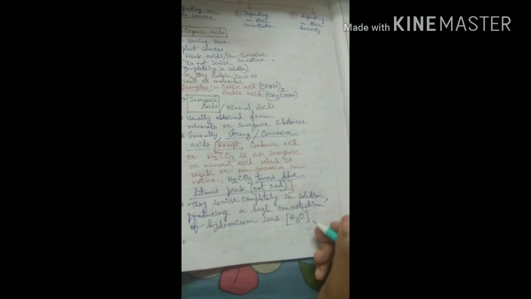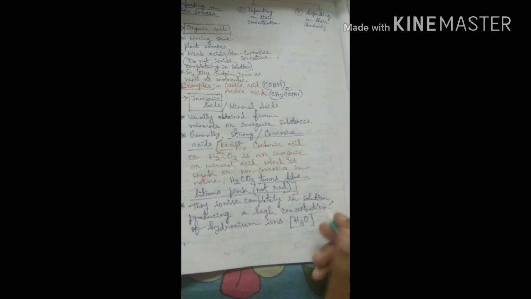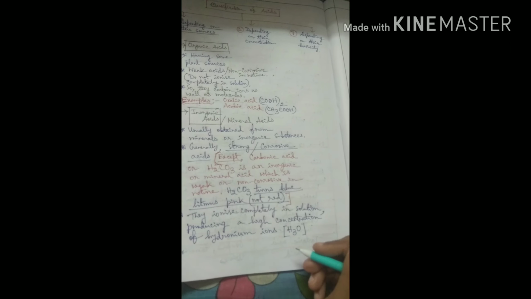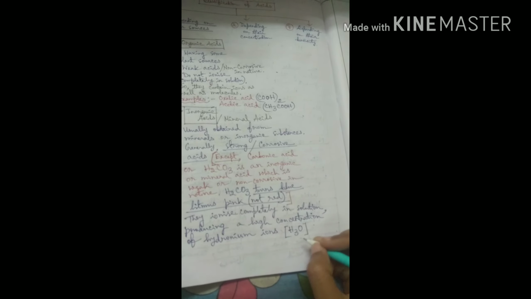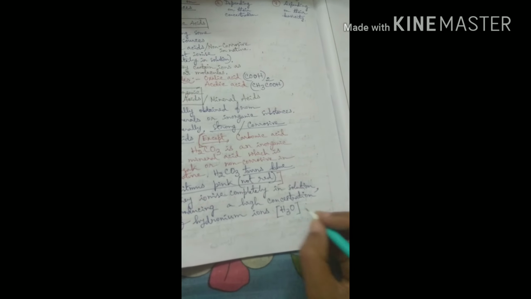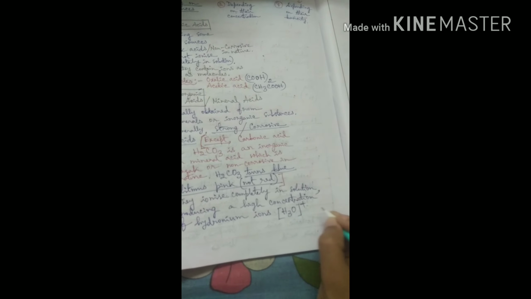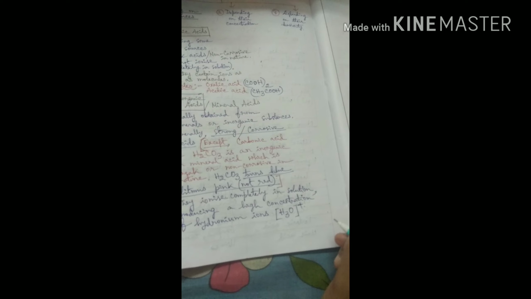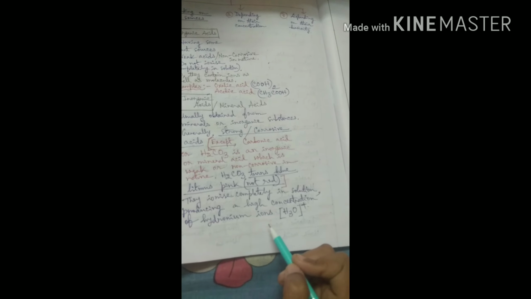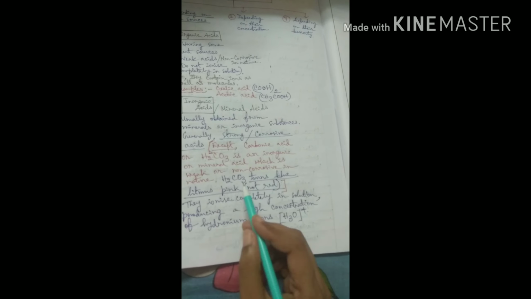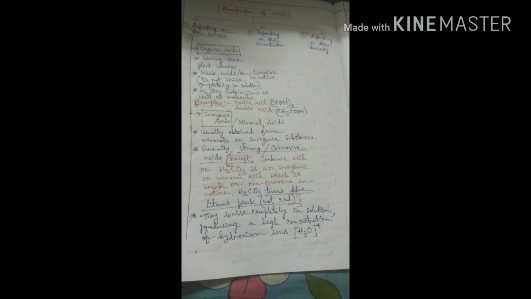I am using square brackets to indicate the concentration. The concentration of any chemical substance is indicated by using square brackets around its formula. So [H3O+] denotes the concentration of hydronium ions. The acid ionizes completely in solution, producing a high concentration of hydronium ions, except in the case of carbonic acid or H2CO3.